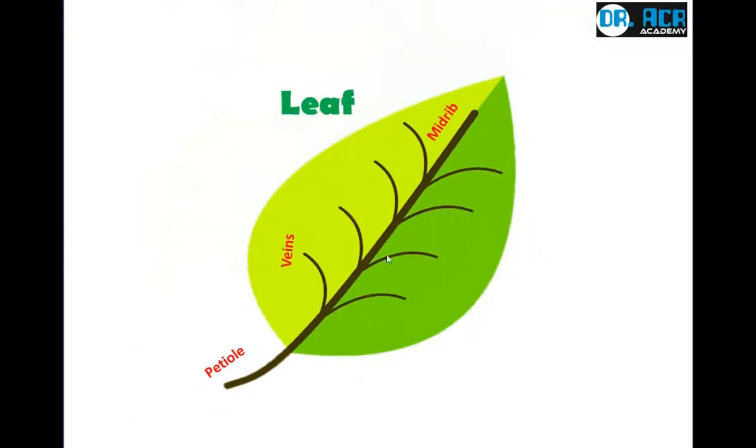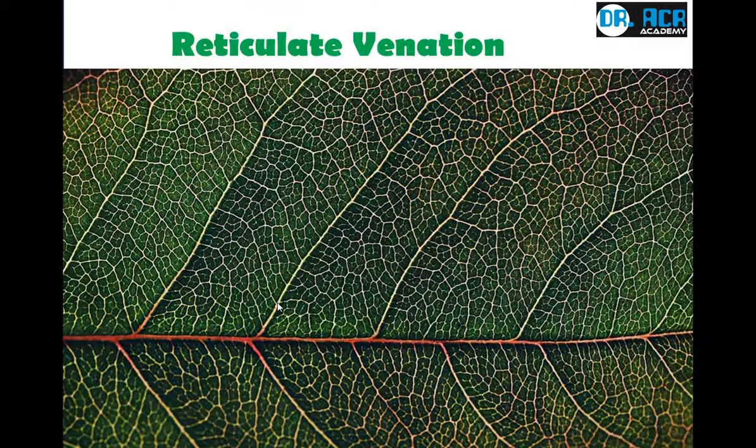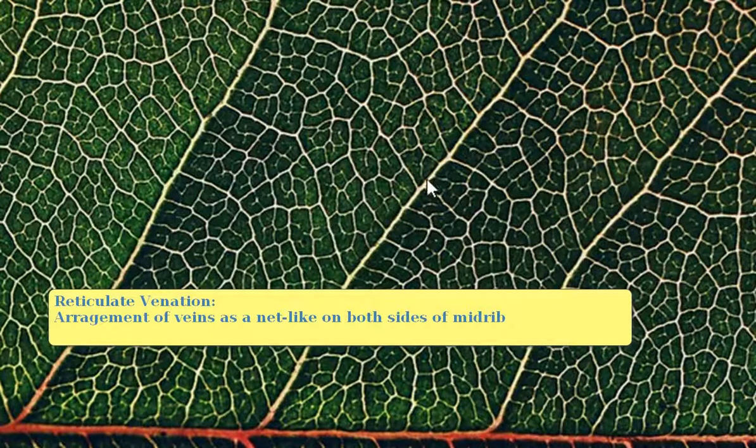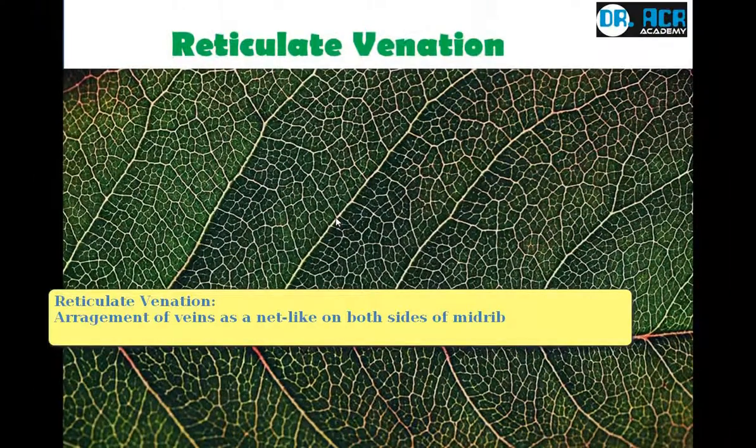The arrangement of the veins on the leaf is called venation. Here you can see some veins joining themselves to make a net-like structure called reticulate venation.